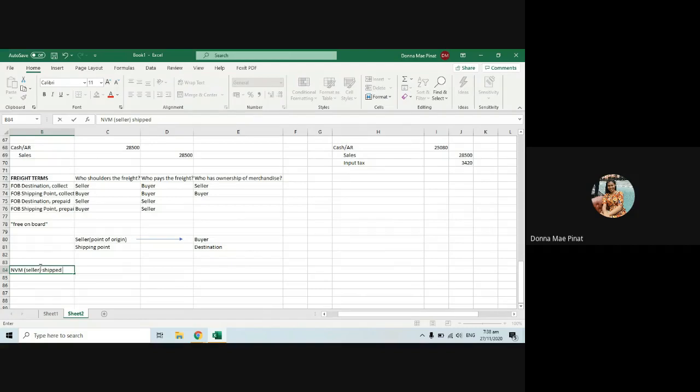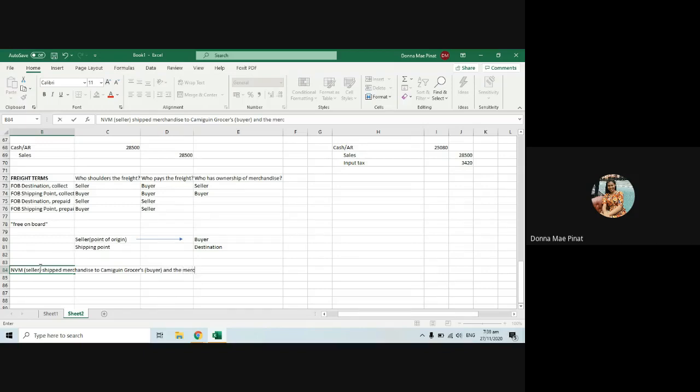Ship merchandise to sample sa Camiguin Grocers. Charot, nagbuhat-buhat. Camiguin Grocers, buyer. Muna si NVM seller, Camiguin Grocers buyer.